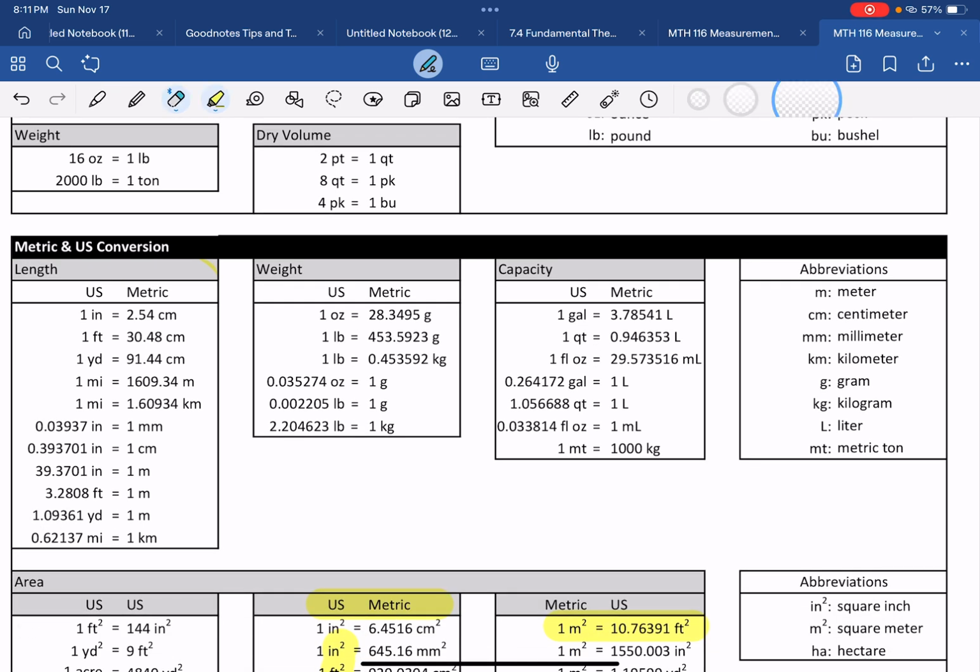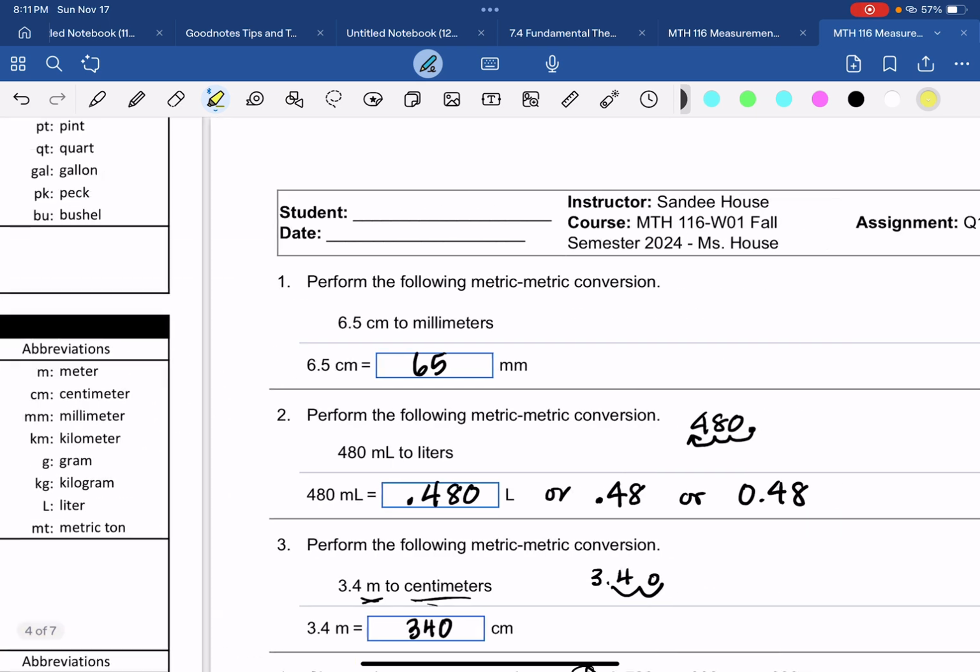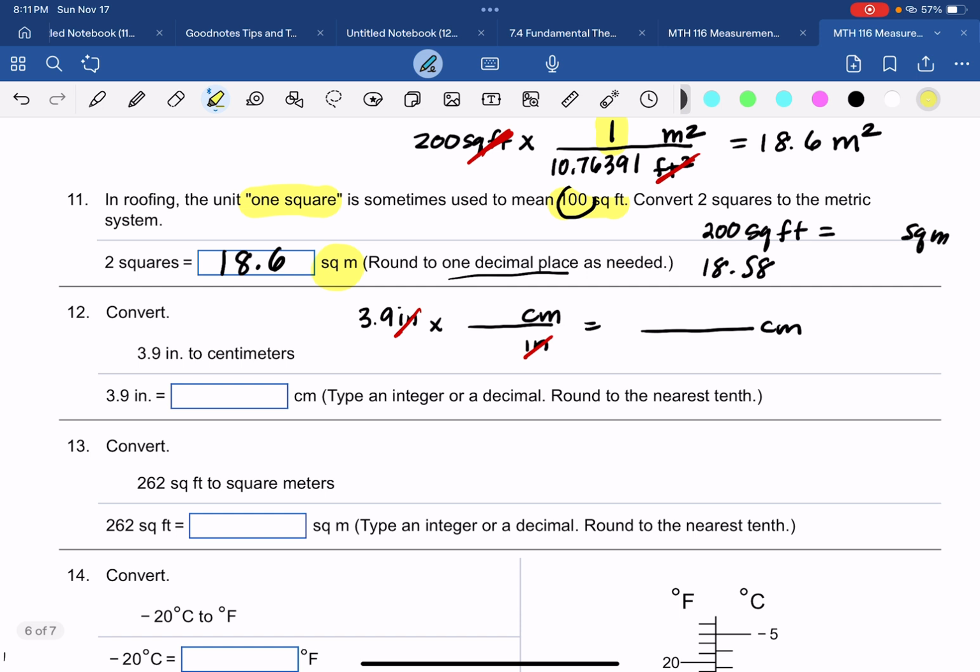And here it is. 1 inch is 2.54 centimeters. Since those are both on top, I multiply 3.9 times 2.54, and that's 9.906. And to the nearest tenth is one decimal place, so 9.9 centimeters.